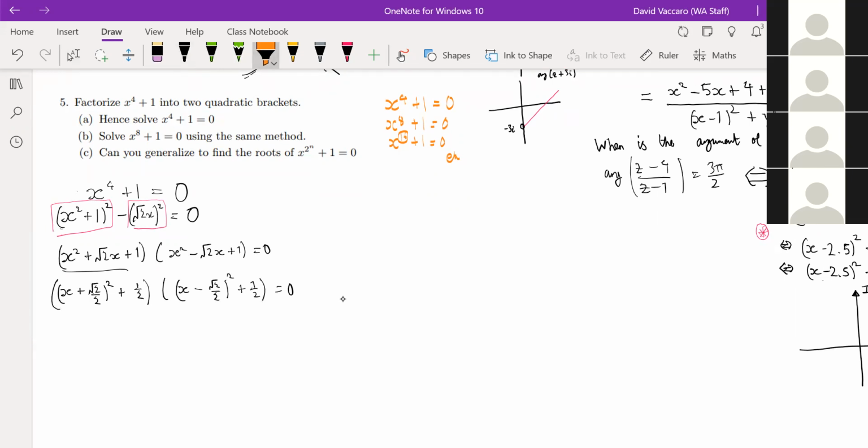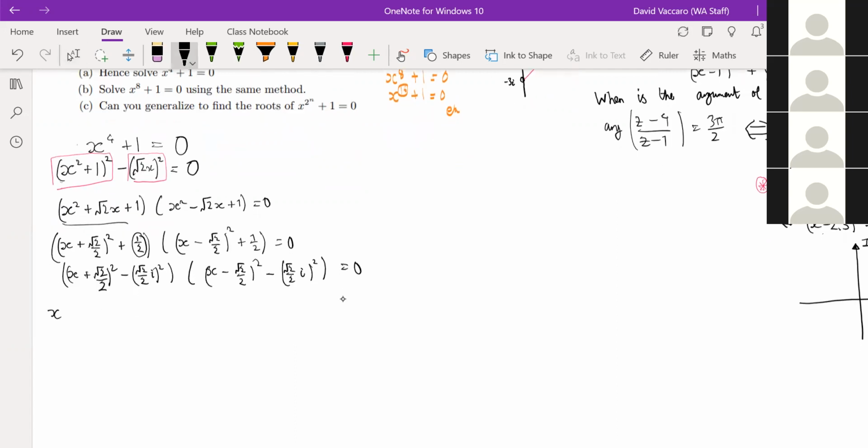Now, at first glance, it looks like we don't have the difference between two squares, but we do, because we could regard this half as being minus root 2 over 2 i all squared. And then we can write this as x minus root 2 over 2 all squared minus root 2 over 2 i all squared is equal to 0. And now we've got the difference between two squares, we can factorize.